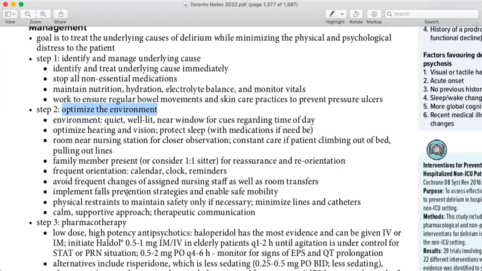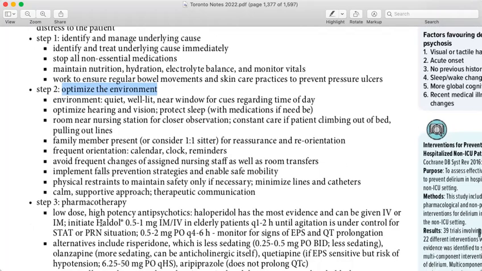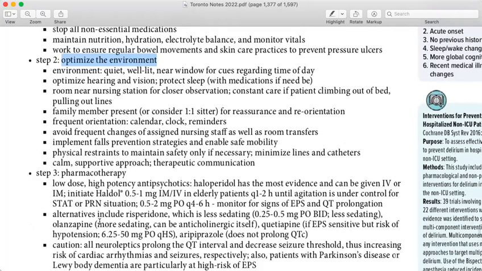Avoid frequent changes of assigned nursing staff because it can cause irritability. Implement fall prevention, like giving a stick or a railing to enable safe mobility. Then physical restraint to maintain safety. A calm and supportive approach and therapeutic communication are important.